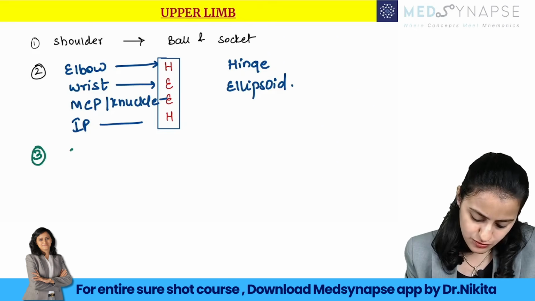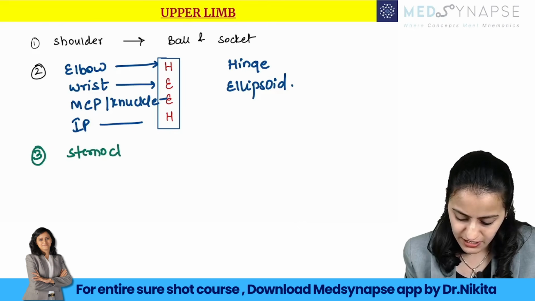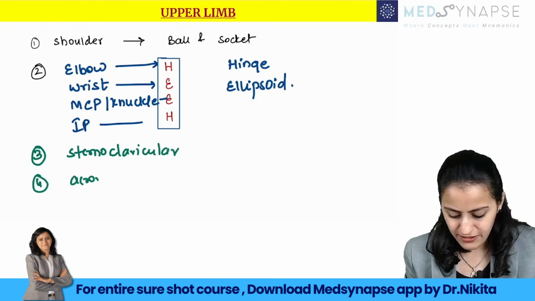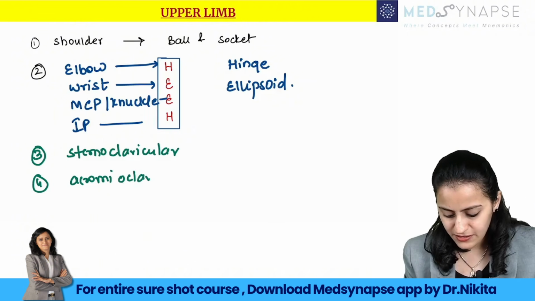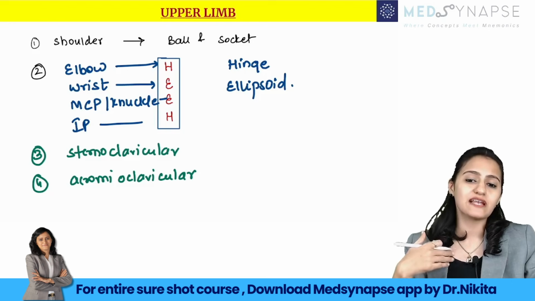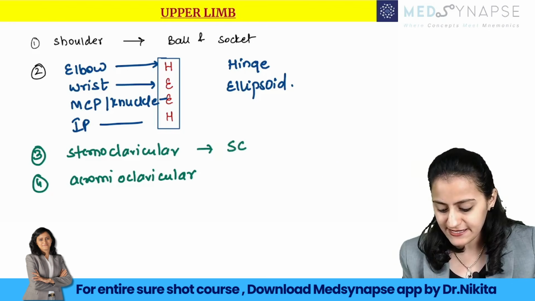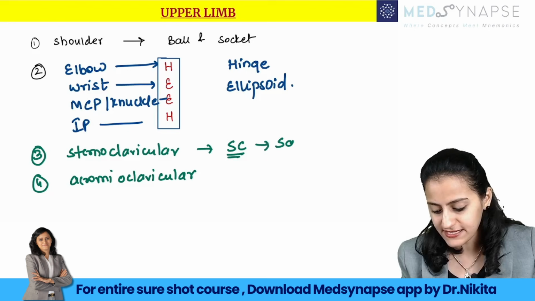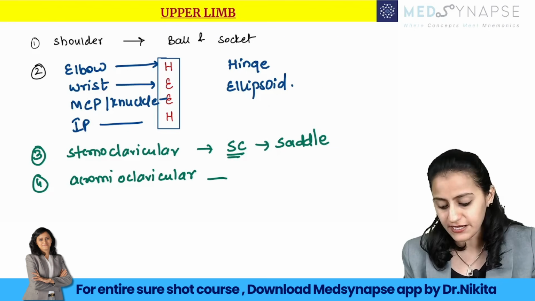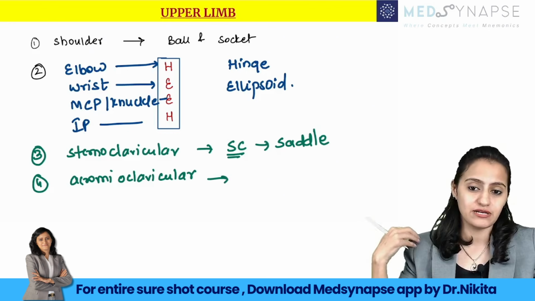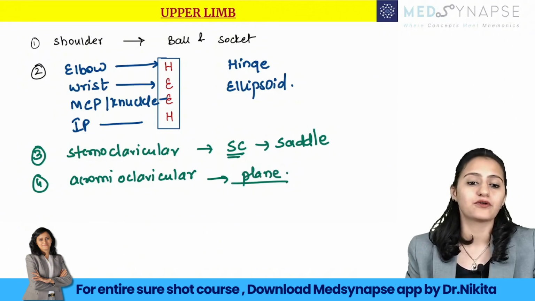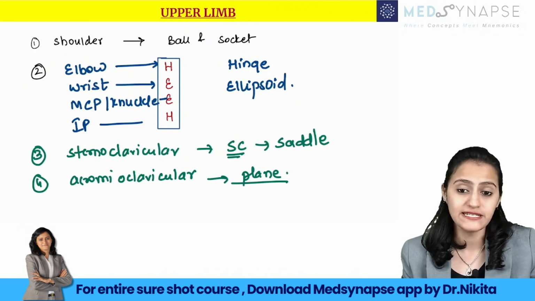If I add two more here, the sternoclavicular joint and the acromioclavicular joint. The sternoclavicular joint, SC, is a saddle joint. We will be seeing the trick for the saddle joint ahead. The acromioclavicular joint is a plane joint.